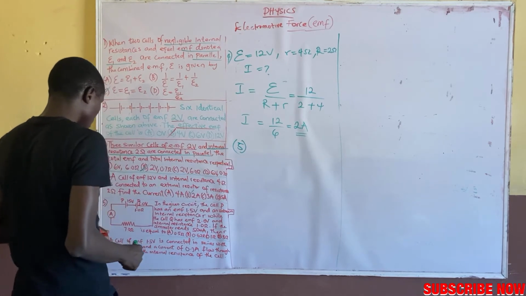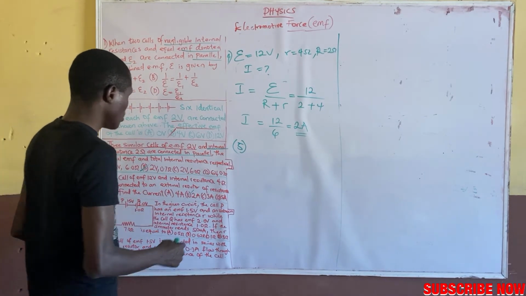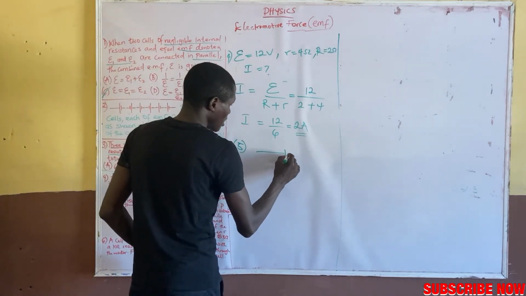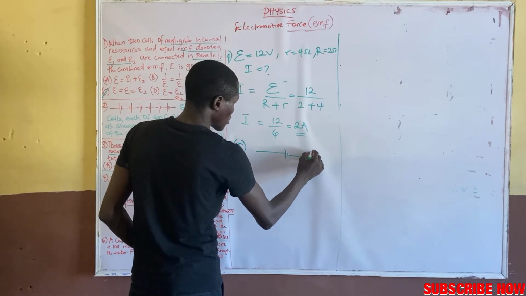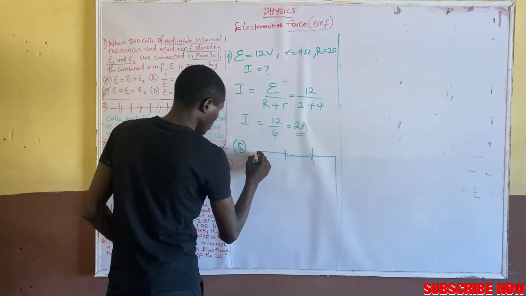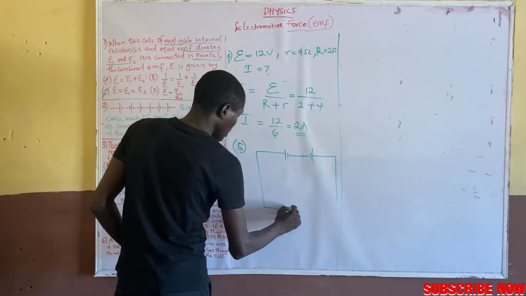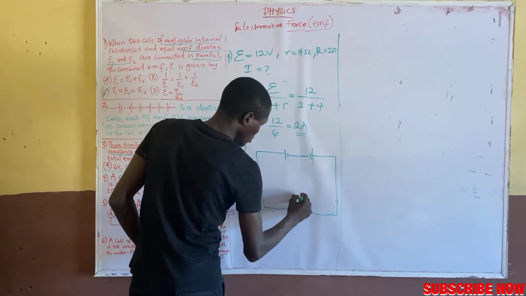Now, number 5 question. In the diagram given, the diagram is like this. You have an external resistor of 7 ohms.